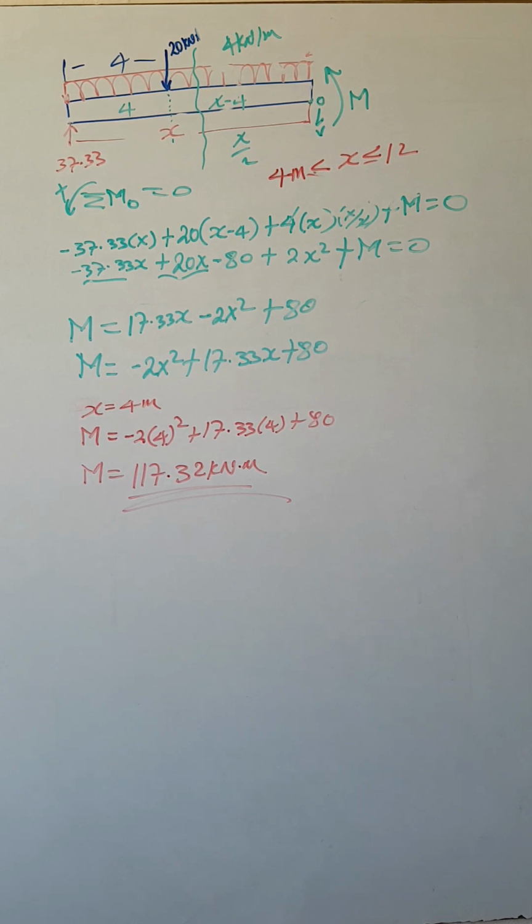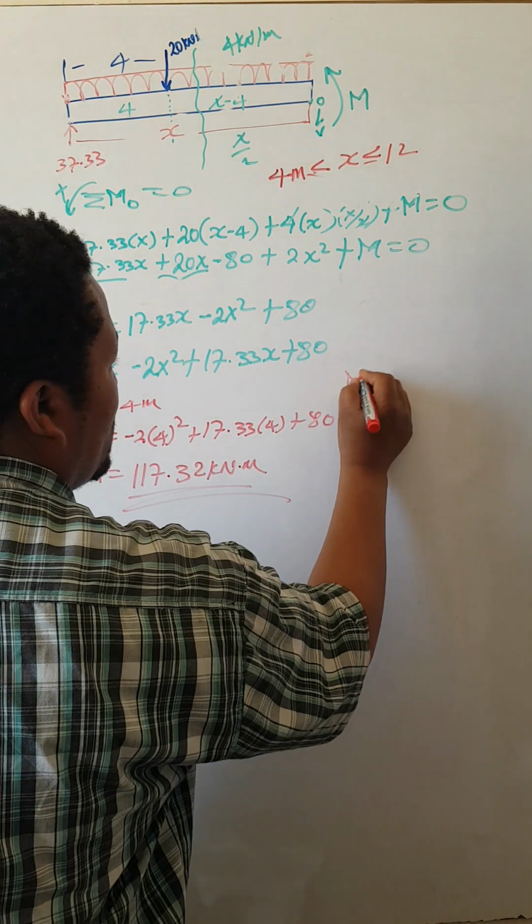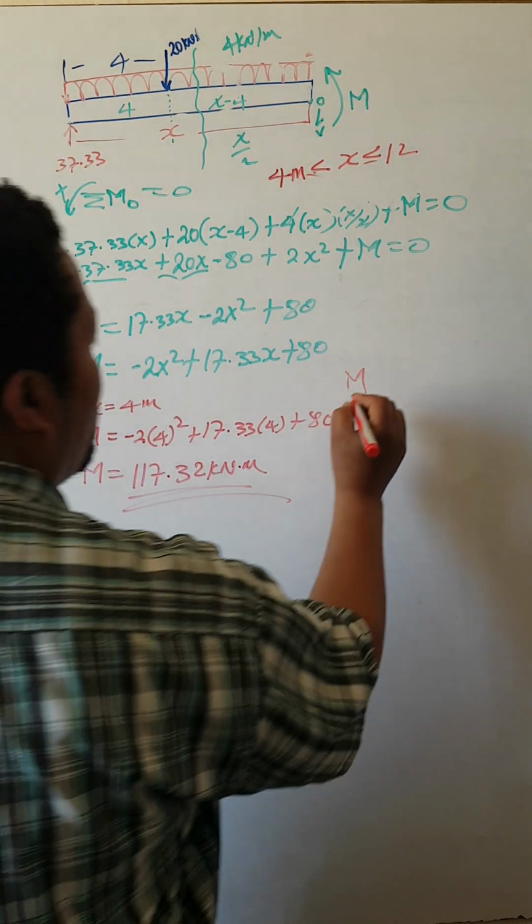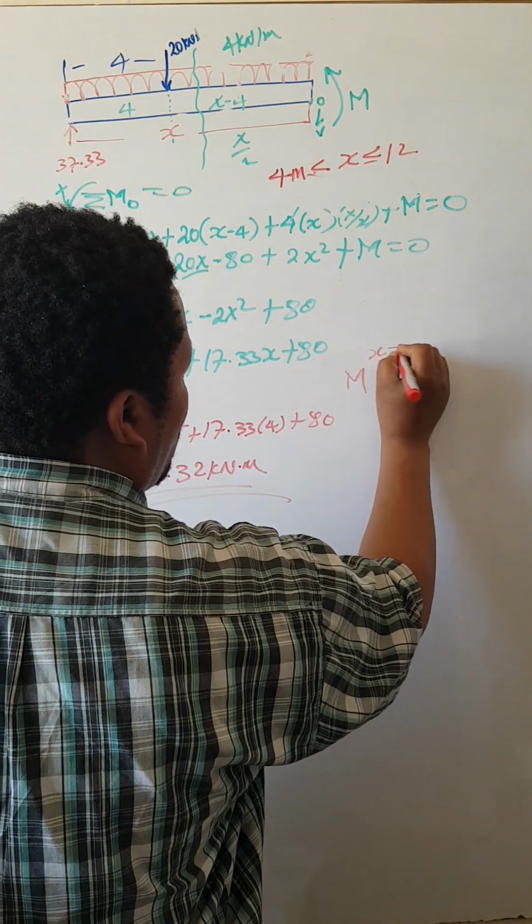Because it's the same point. The other moment is at 12 meter, when x is equal to 12.